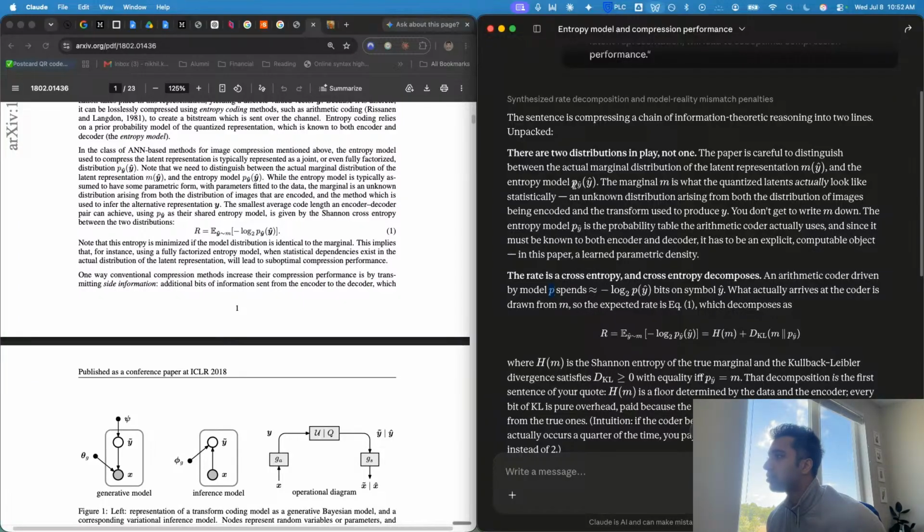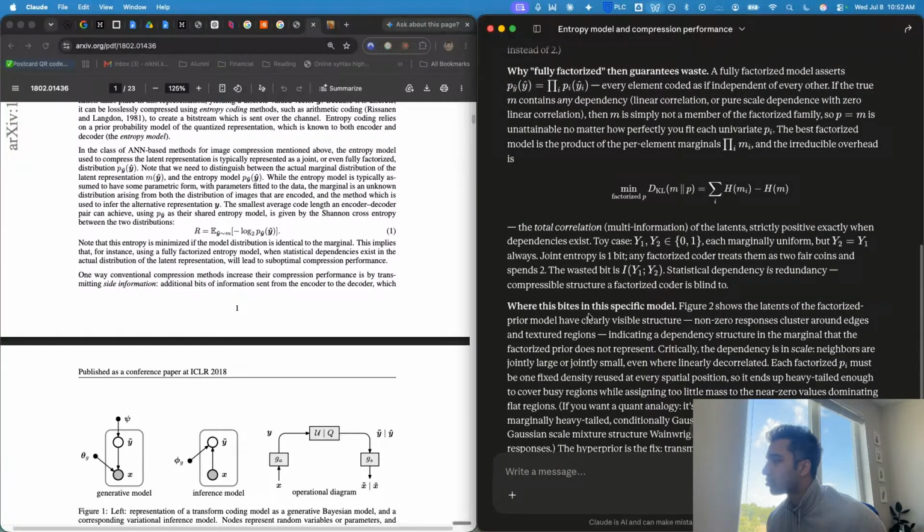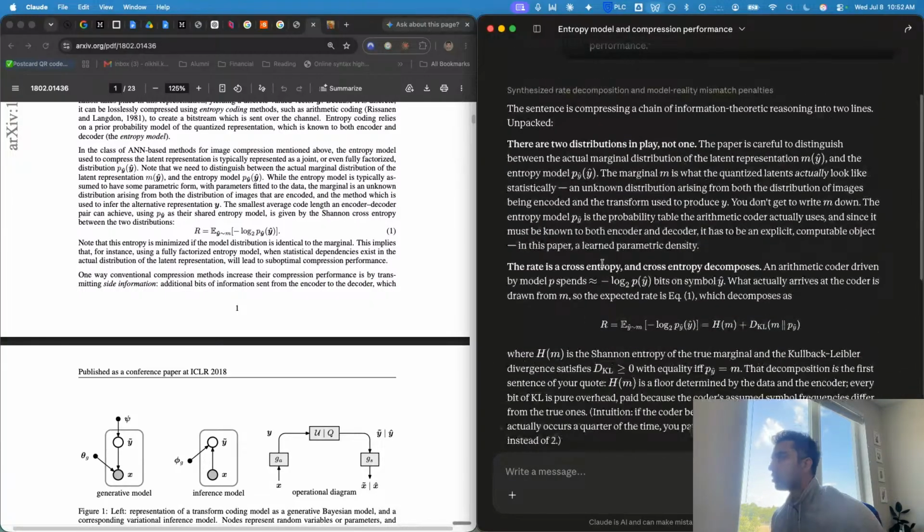What's P again? P is the entropy model. Okay. Wait, the rate is a.